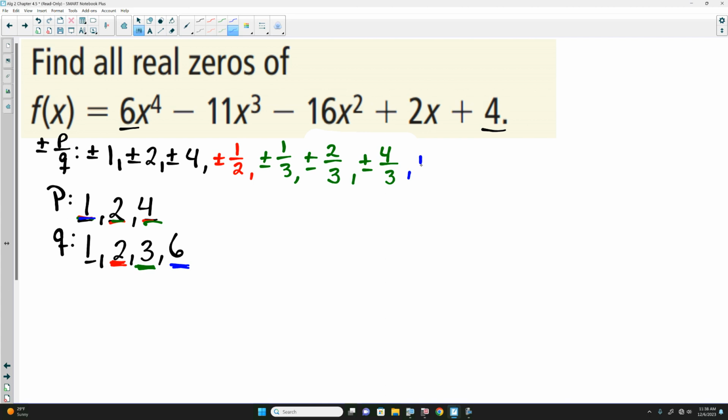So plus or minus 1 over 6 would be 1/6. 2 over 6 is 1/3. And 4 over 6 is 2/3. So these here are all the possible rational zeros. Questions on this so far?